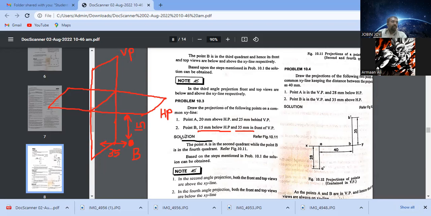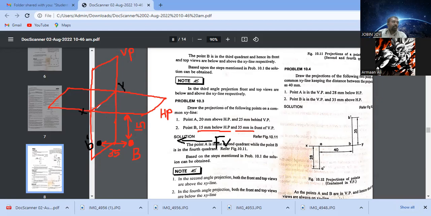This is the front view direction. When you look from this direction, you will get the image of B on this vertical plane. That point is called B dash. That is the front view.